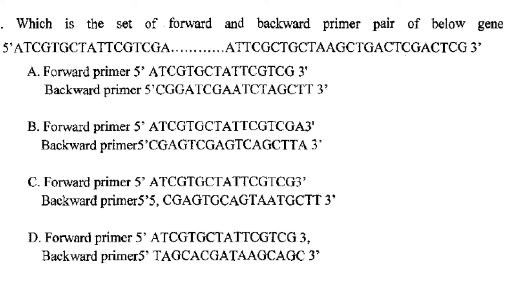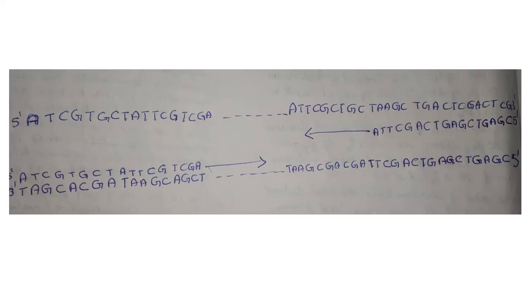So this is the sequence that they have given, written from 5' end to 3' end, and this second sequence is the complement, from 3' end to 5' end. Now your forward primer will bind here. This is the forward direction, that is 5' to 3' end.